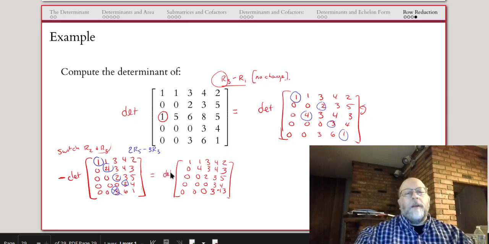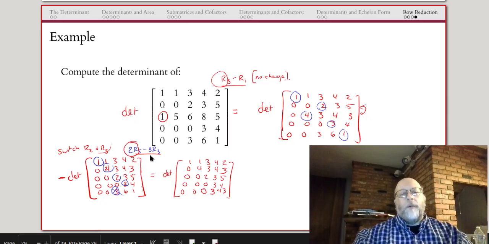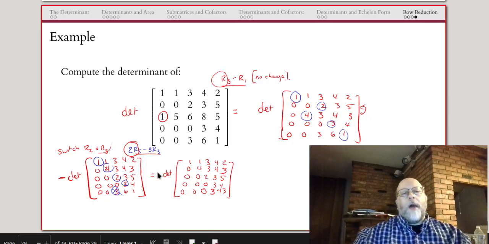What effect did this step have on the determinant? Since I was changing row 5, the 2 caused the determinant to double. And so now I have to multiply by 1/2 to cancel out the doubling. So I now have a negative sign and I have a 1/2 over here. But we're almost done with echelon form. We just need to get rid of this 3. So we're going to take row 4 and row 5 and we'll subtract them.